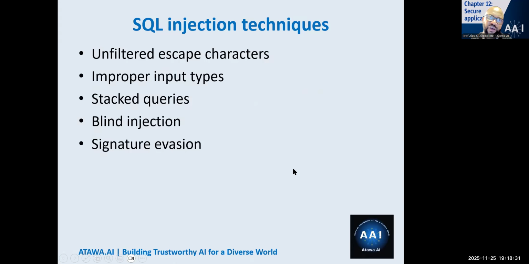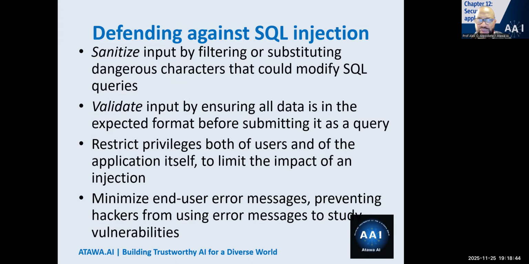The techniques would be unfiltered escape characters, improper input types, stacked queries, blind injection, signature evasion. But the point is that if you have secured coding and you test this properly, you should be able to avoid this, right? If you're using proper coding practices. So how do we defend against SQL injection?